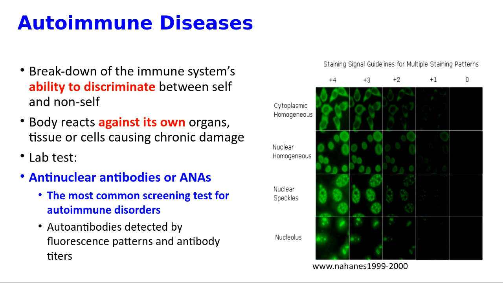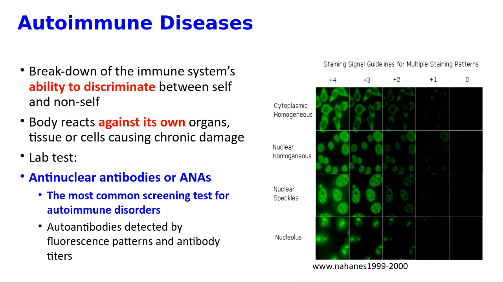One of the very first tests that is ordered whenever a patient shows signs and symptoms of an autoimmune disorder, when the patient needs to be screened to see whether it's an autoimmune disorder, is the anti-nuclear antibody test, the ANA test. It is the most common screening test for autoimmune disorders.